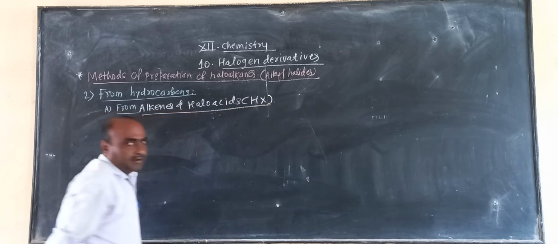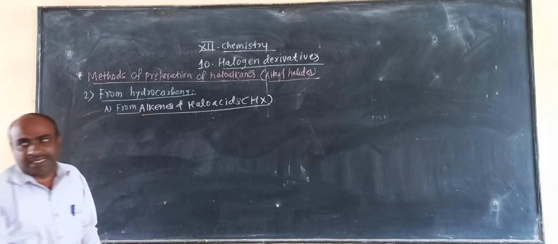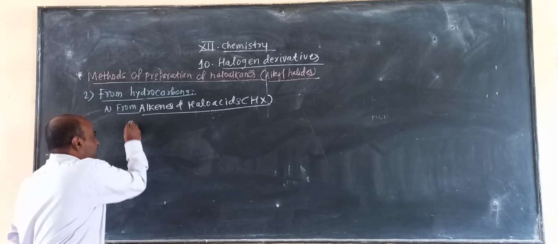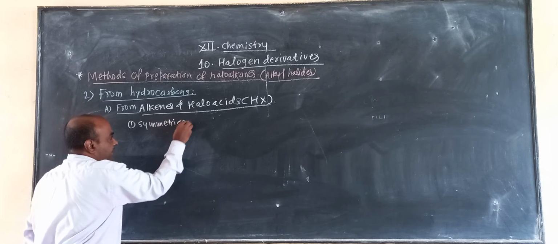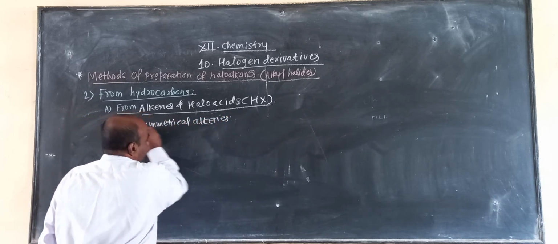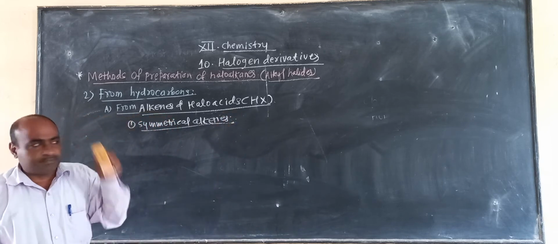Here addition of the haloacid takes place on both alkenes, that is the symmetrical alkene as well as the unsymmetrical alkene. In case of a symmetrical alkene, addition of HX gives the same type of product.